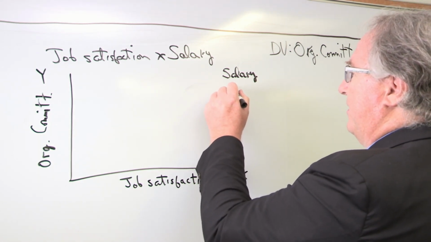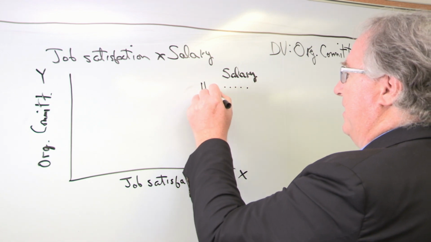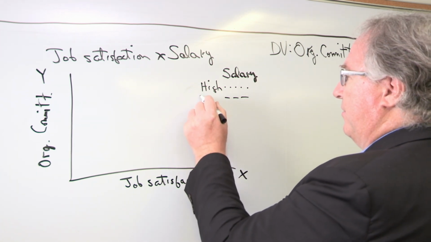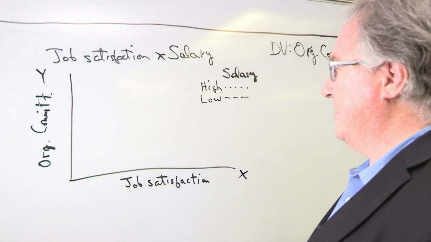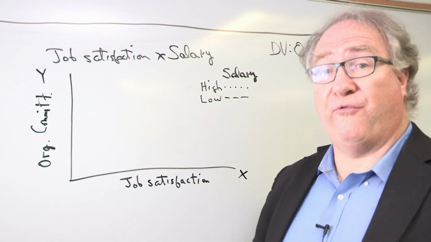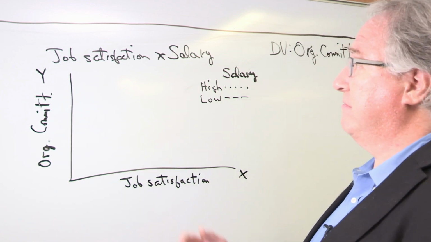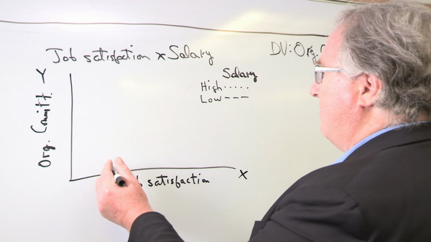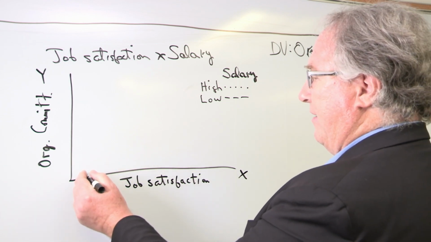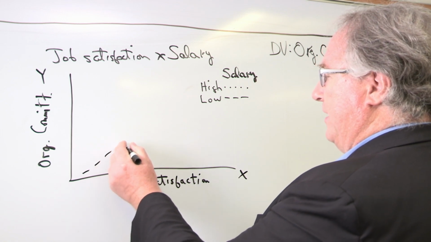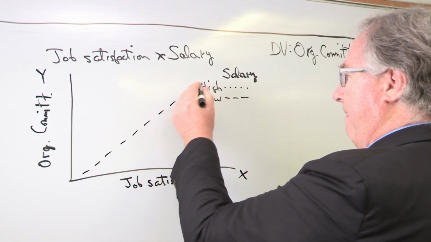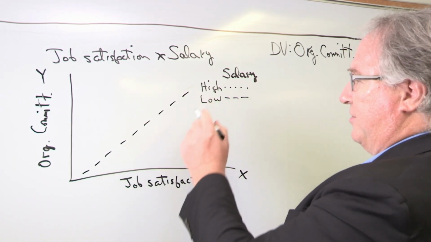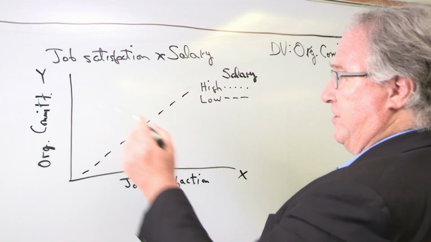So we'll do it over here. So these are high salary employees, and then these are low salary employees. And as we showed before when we talked about the two-way interaction, in this case job satisfaction by salary, we showed, well, let's see, for the low salary employees, we have a strong effect. So this is the slope of the effect of job satisfaction on organizational commitment.